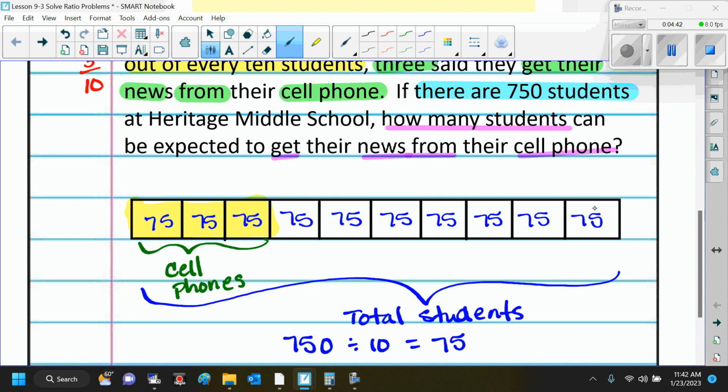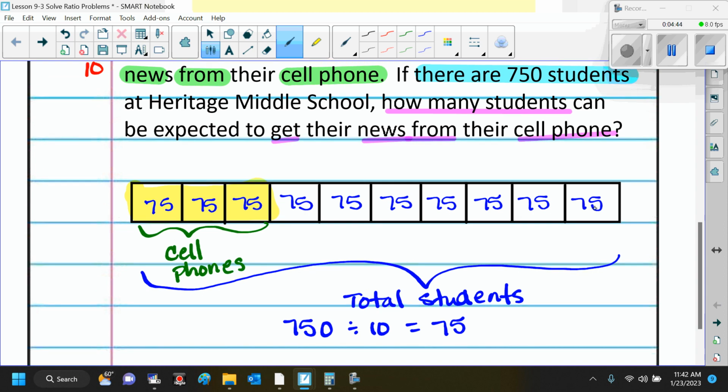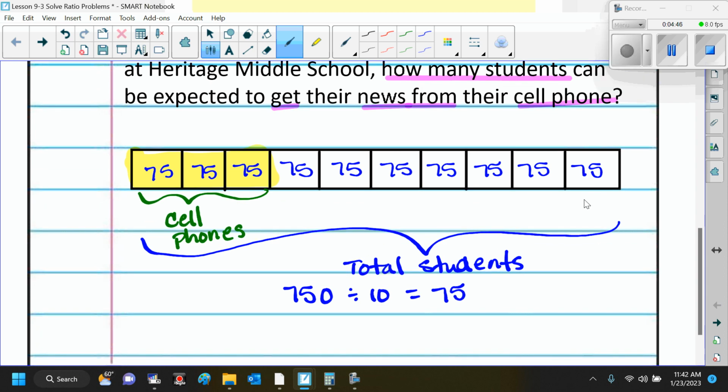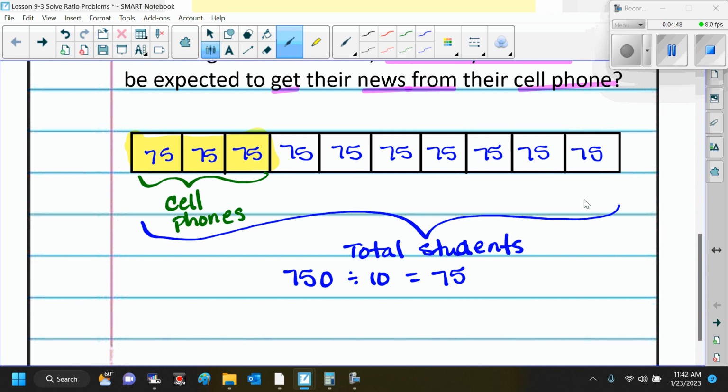Now, there's my bar diagram. Now I can answer my question. How do I find out how many students get their news from cell phones? You just add up the shaded parts, right?